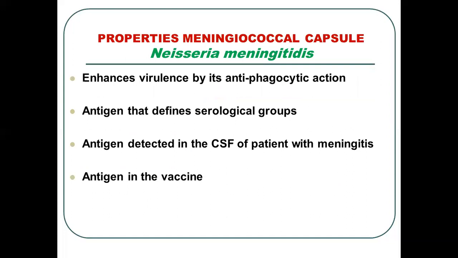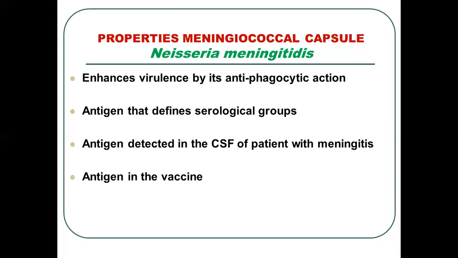Three more important properties of the capsule antigen: they define the serological groups. As I told you in the previous slides, we have 13 different groups of Neisseria meningitidis based on capsular antigen variations. So the capsule is an antigen used for serological grouping.